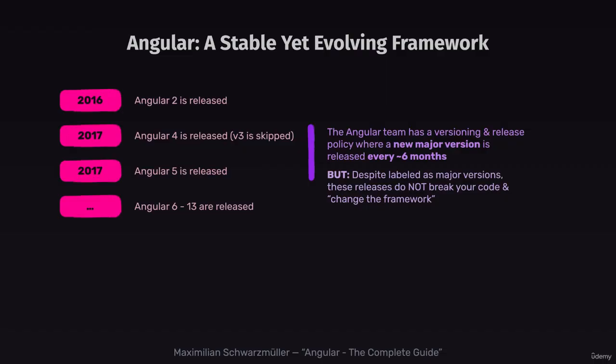The opposite is the case. Angular has been a super stable framework, and if you were to learn Angular 2 today, most of the code you'd write would still work with the latest Angular version, because whilst the Angular team has indeed changed some things over time and has added some new features, it always did that in a very backward compatible way, so that what you learned back then is still relevant today.